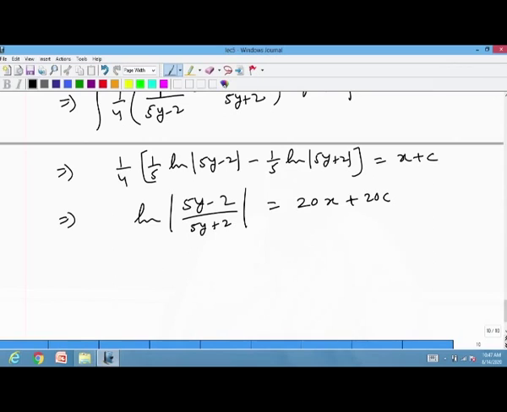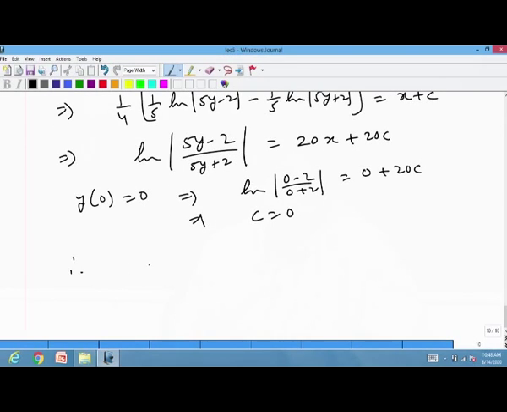Now, we are given that y of 0 is equal to 0. This will imply natural log of, if we put y equal to 0, mod of 0 minus 2 by 0 plus 2 equal to, x is 0, so 0 plus 20c. This implies c is equal to 0.